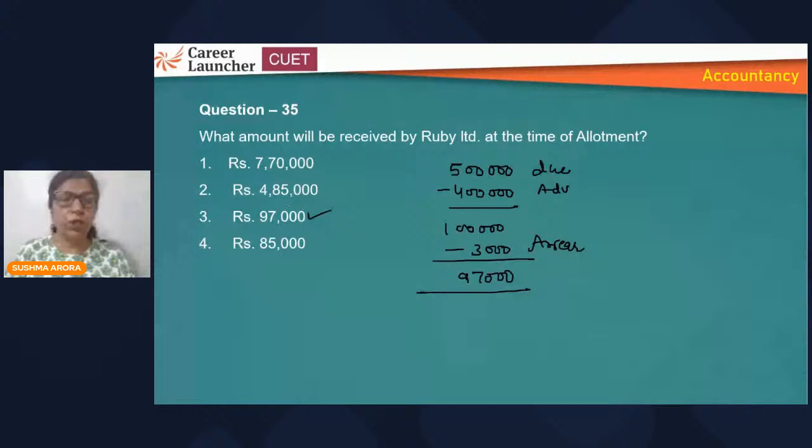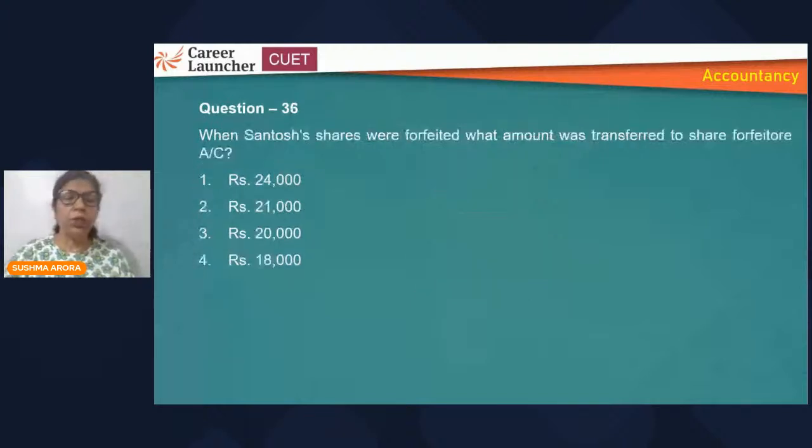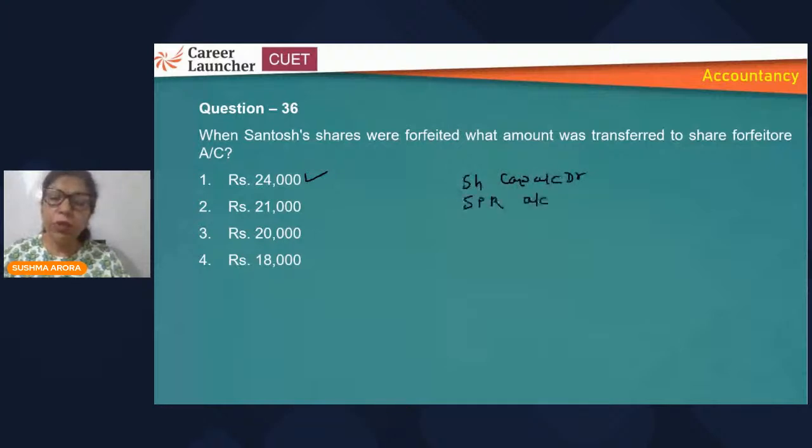35 question over, now 36. When Santosh shares were forfeited, what amount was transferred to share forfeiture account? If they are going to forfeit the Santosh share, the amount transferred to share forfeiture account is 24,000. See, you know how I am doing it. Share capital account debit, SPR account debit, and what are the total arrears you can write, and remaining is share forfeiture.